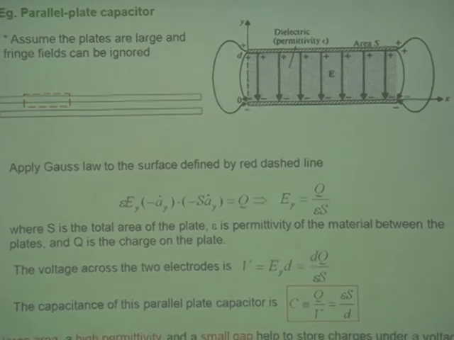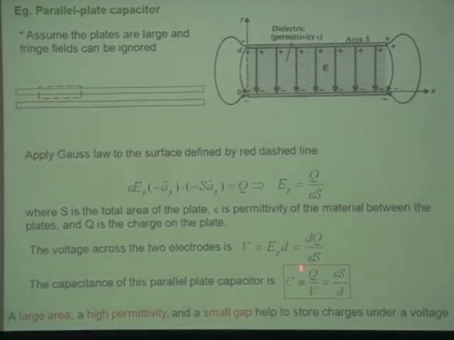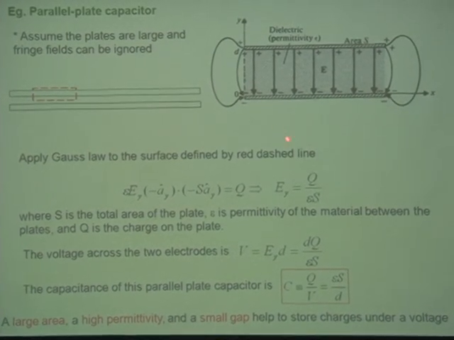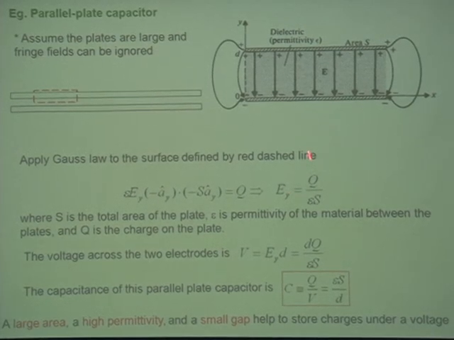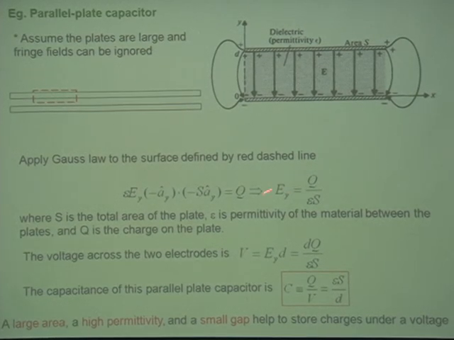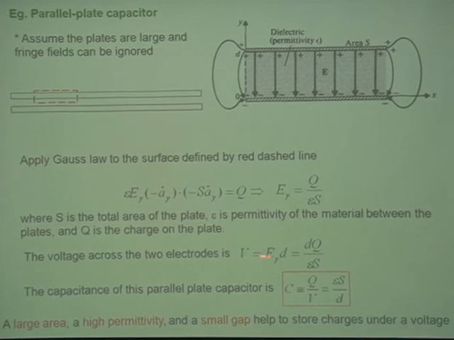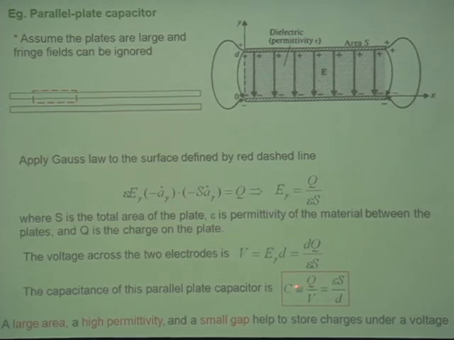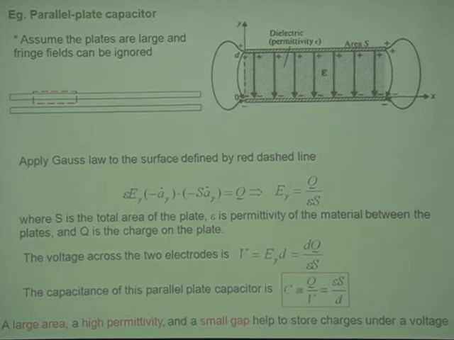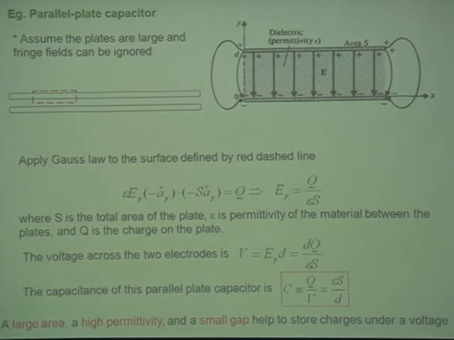Okay, so this is how you calculate the capacitance. First of all, you express the electric field as a function of Q, and then integrate electric field to get voltage. And then you organize the equation so that the capacitance is equal to the stored charge per voltage. Okay, so you end up having this expression.